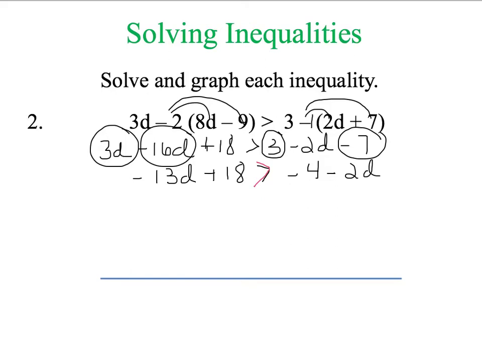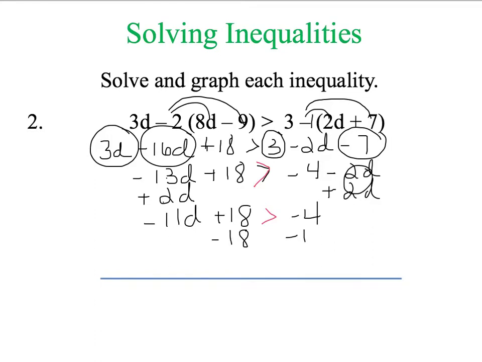Now I'm going to move my 2d to the left-hand side. So negative 13 plus 2 is negative 11d plus 18 is greater than negative 4. Now I'm going to move 18 to the right.